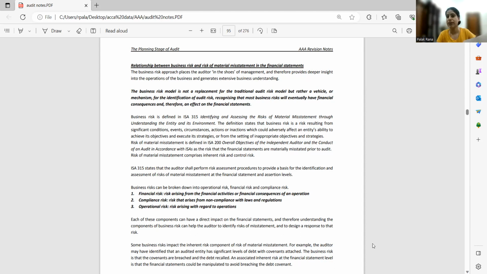Now, another example: I am relying on a single supplier, right? So if I am purchasing the material from just a single supplier, who is in another country, or that supplier has a shortage of material, I won't be able to produce my products made with that supplier's raw material.